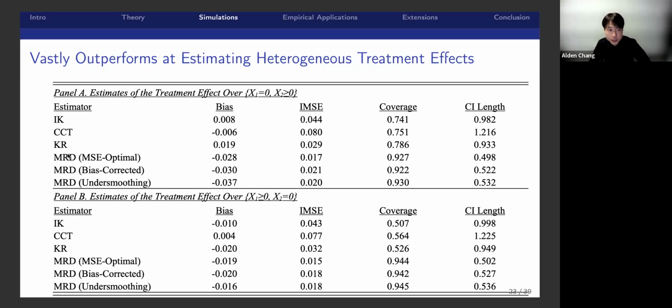Now, if we compare that to the MRD estimator that I'm proposing, the MRD estimator has smaller integrated mean squared error, higher coverage rates that are quite close to 95%, and actually much narrower confidence intervals. So it is both more precise and has higher coverage rates.